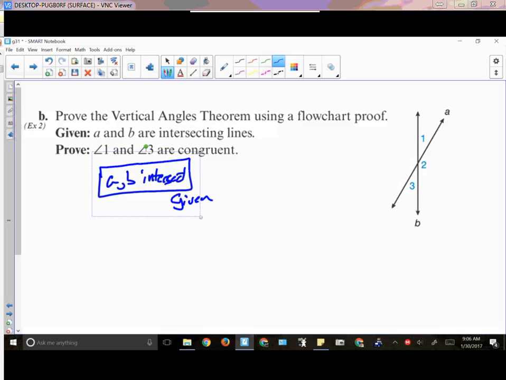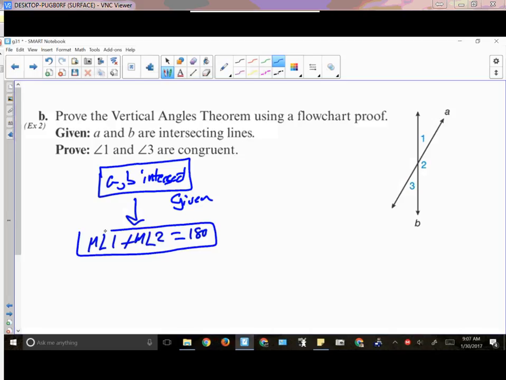1 and 2, okay? So I'm going to say that the measure of angle 1 plus the measure of angle 2 equals something, right? Won't that be 180 degrees? And that would end up being the definition of supplementary angles, right?